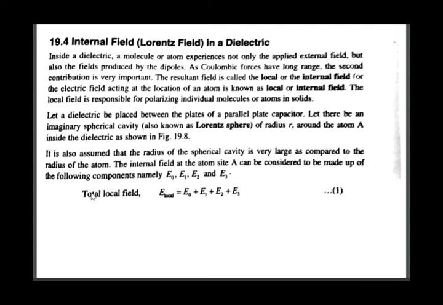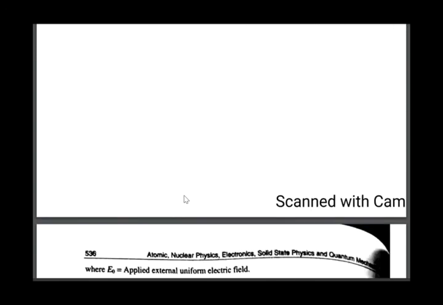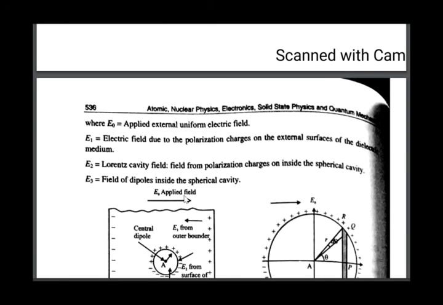The internal field at the atom site A can be considered to be made up of the following components, namely E0, E1, E2, and E3. There are four fields. Therefore, E local electric field is equal to E0 plus E1 plus E2 plus E3.